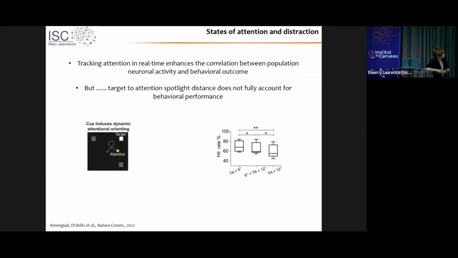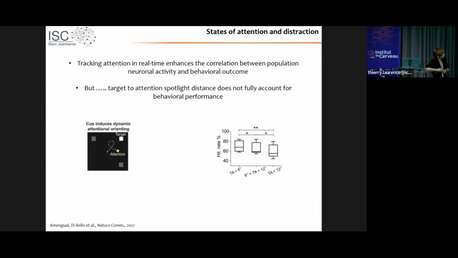So in these slides, what I have shown is that indeed the tracking of attention in real time allows us to enhance the correlation between population neuronal activity and behavioral outcome, and our understanding of the contribution of attention to perceptual decision making.